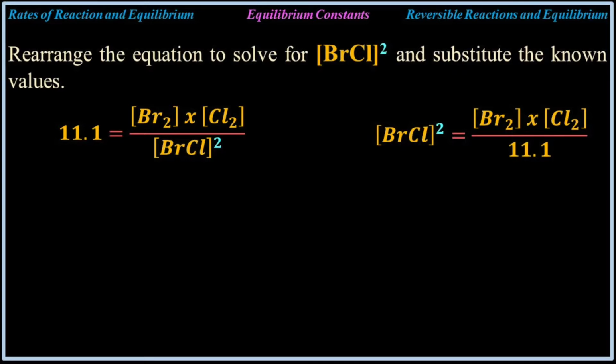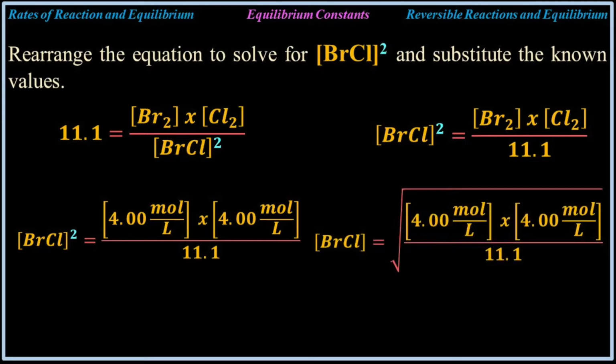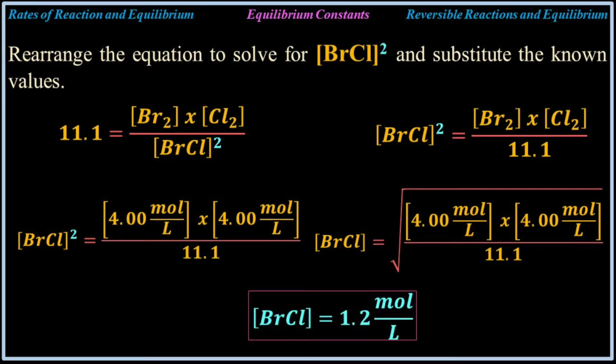So now you want to take the square root of both sides and put in your concentration of the bromine and chlorine. You can see that it's 4 moles per liter each. Now take the square root. So the square root of 16 divided by 11.1, and that will equal 1.2 moles per liter. That is the concentration. That is what we call molarity.